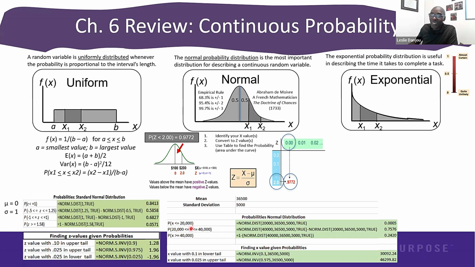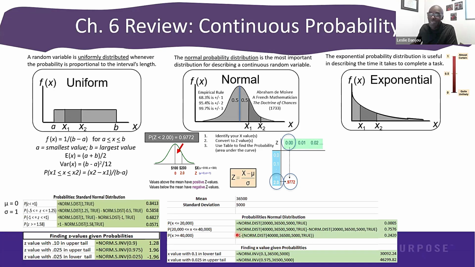Now, if you're going between two numbers, you must do the larger number first, the 40,000, minus the 20,000 right here. And that's how you find the probabilities between 2 points. If the probability is greater than or equal to 40,000, you must do 1 minus, and that's why in the formula you see 1 minus.